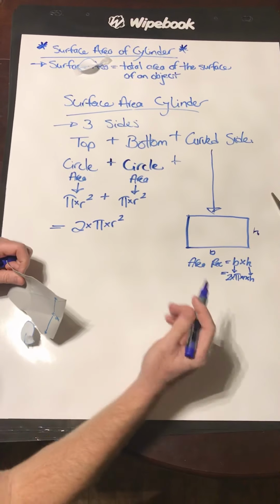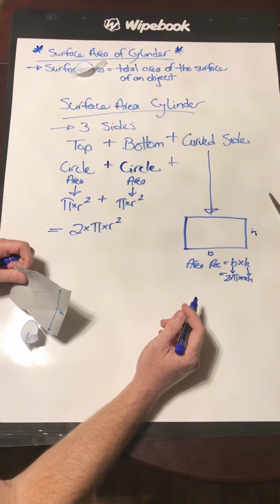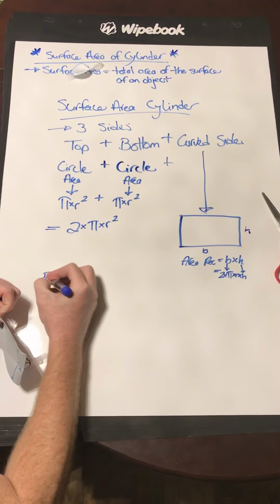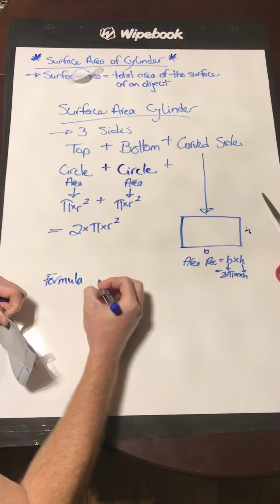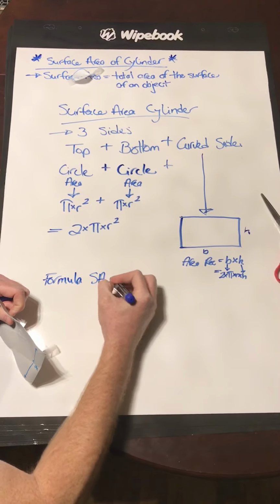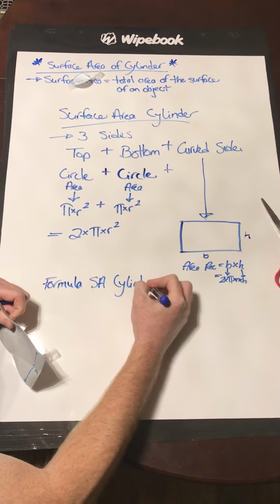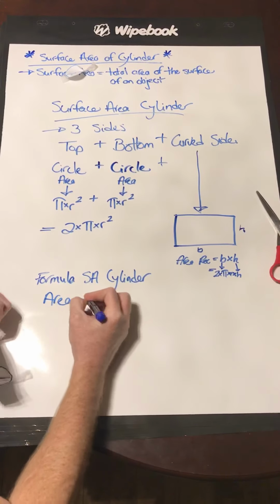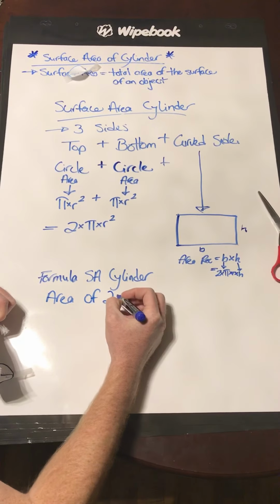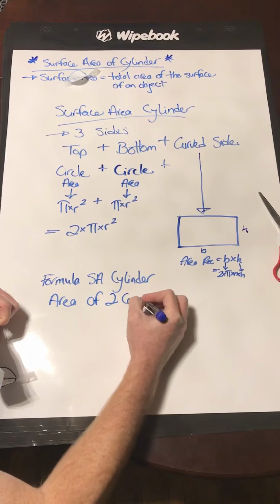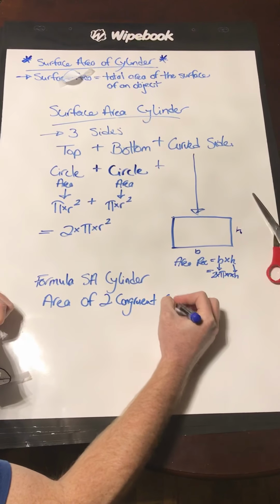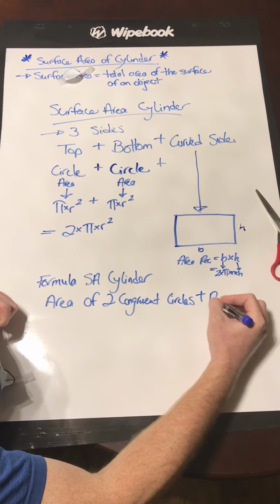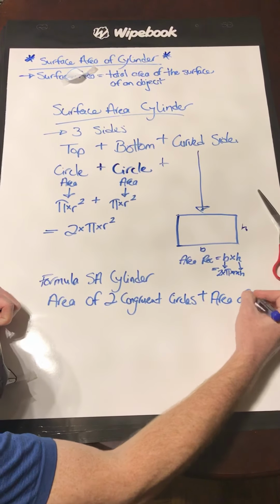And now we have all three surfaces, and we can bring it together. So we have the formula for the surface area of a cylinder: the area of two congruent circles plus the area of the rectangle.